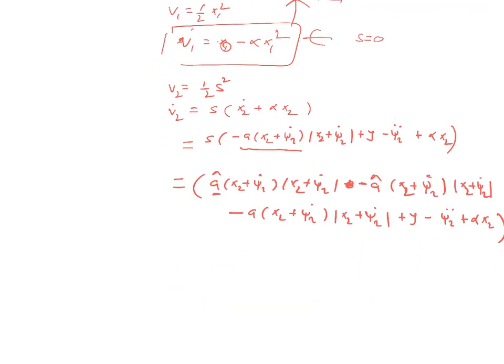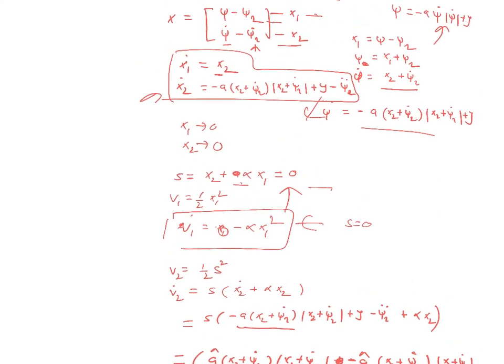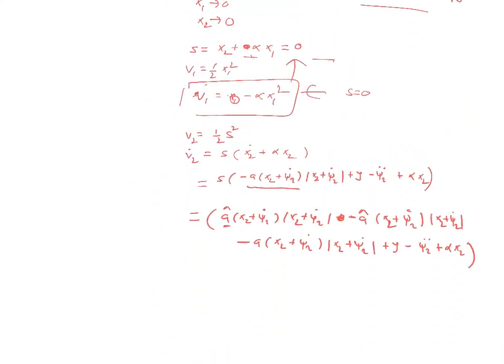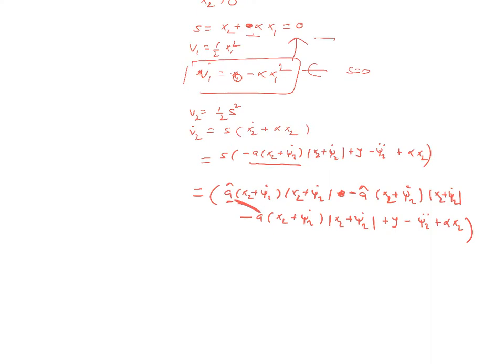So this is our expression. And then if you see, what was that? A hat minus a, right? So this and this come out equal to a hat minus a, times x2 plus psi r dot, times x2 plus psi r dot, and then minus a hat.